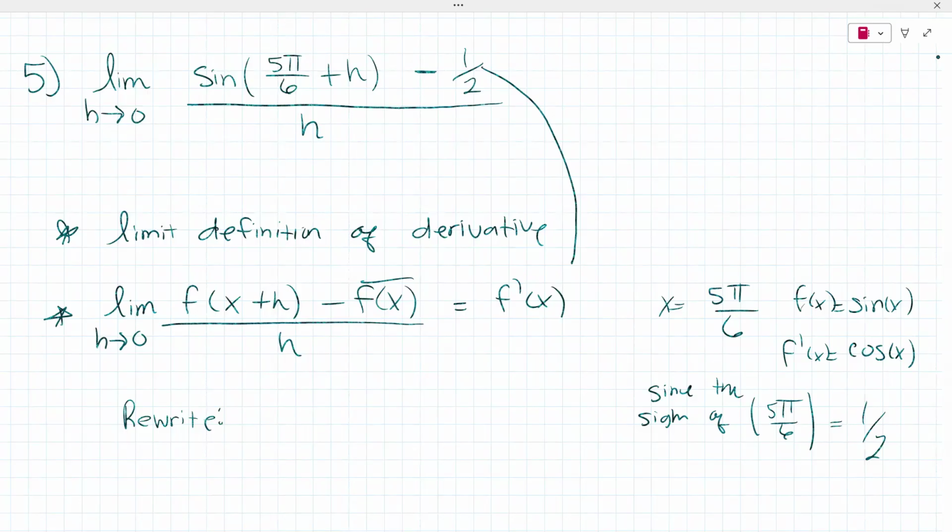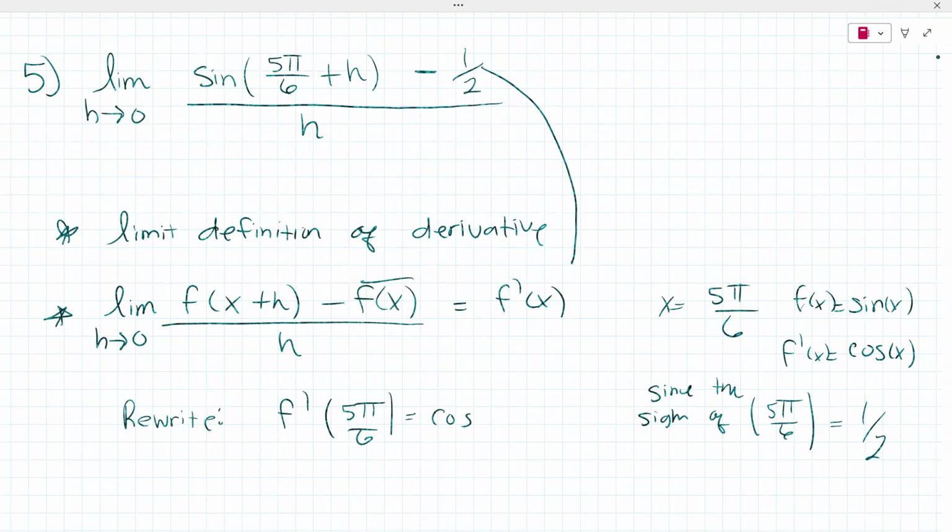And we also have a coordinate. If we plug in f prime of 5 pi over 6, that's what we also need. So we know our f and we know our x is 5 pi over 6.